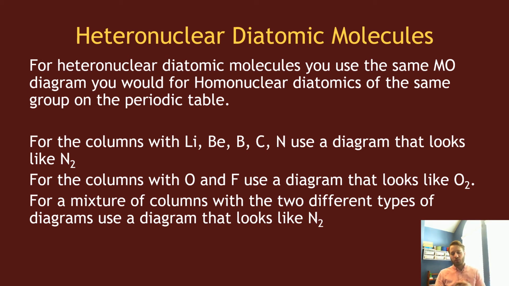The only time you use a molecular orbital diagram that looks like that of oxygen and fluorine, so the difference between the MO diagrams for lithium to nitrogen, is that you have your... let's delete this so it's not confusing.